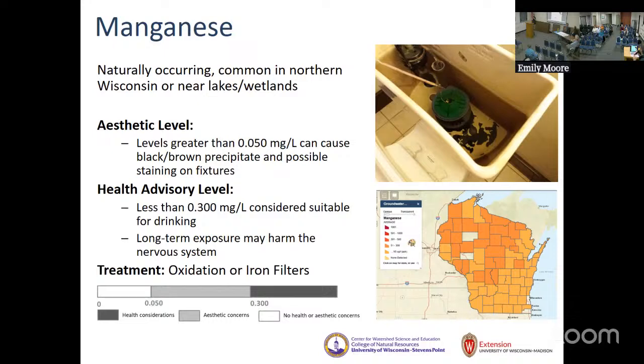And both the iron and the manganese, if we look at the statewide maps, you'll see these two elements are much more common in northern Wisconsin than they are in southern Wisconsin. And it's a byproduct of the materials, the geology, the pH, and other factors related to the groundwater system in this part of the state.